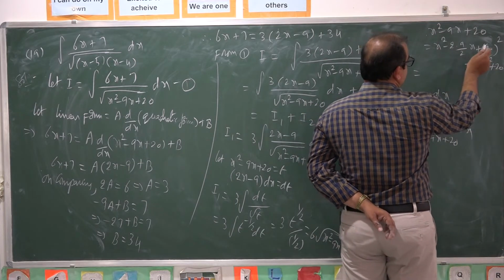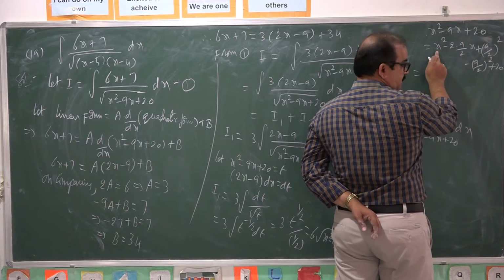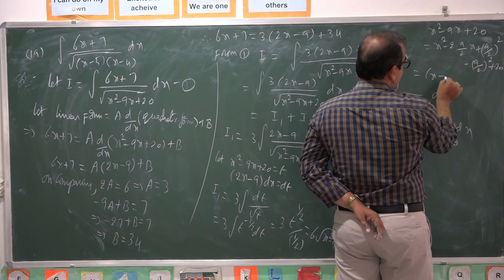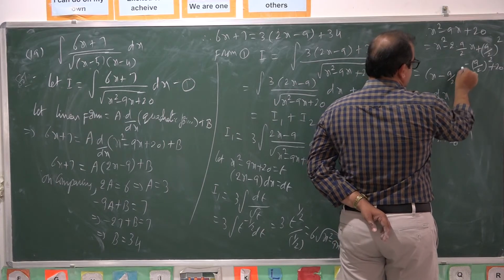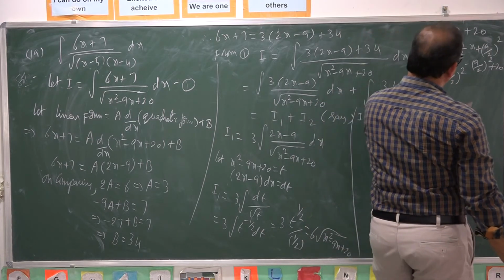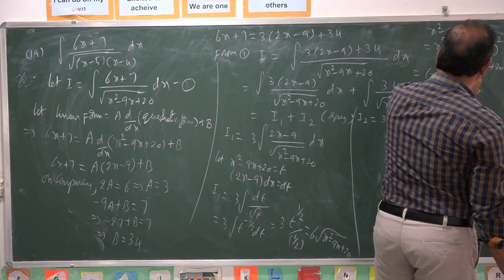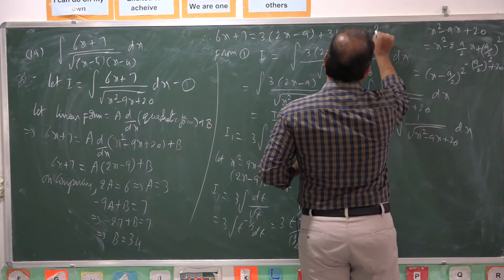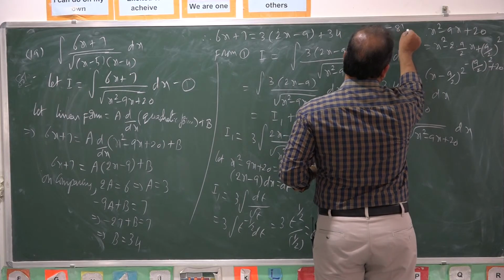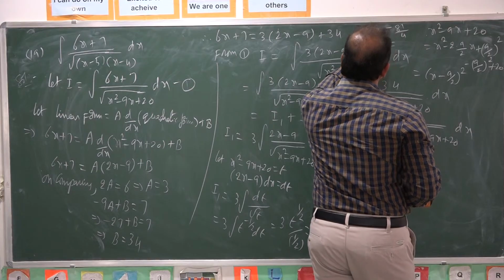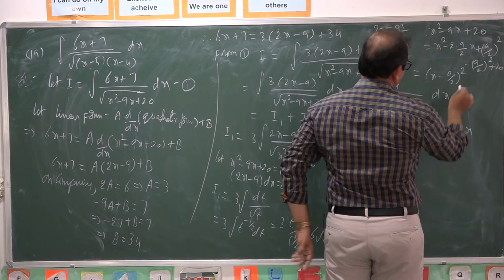The first three terms are in the form of a square minus 2ab plus b square, that is a minus b whole square. Next, minus 9 by 2 whole square plus 20 is minus 81 by 4 plus 20. 4 into 20 is 80, 80 minus 81 is minus 1 by 4.